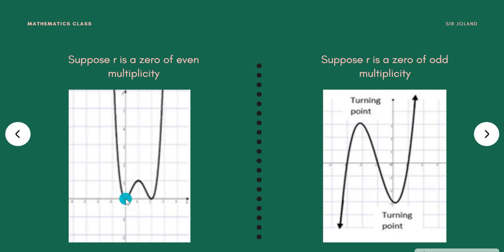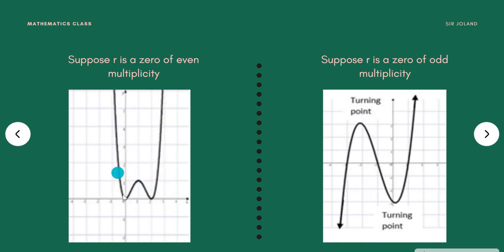So, pag nag-touch siya dyan, hindi siya didiretso pa, kundi pagka-touch na doon, babalik siya, babounce siya pataas. Okay? And then, ayan, may turning points doon. And then, dito ulit, meron ulit siyang multiplicity na even, kaya ulit siya nag-bounce pataas. So, ganun yung magiging behavior ng ating graph.